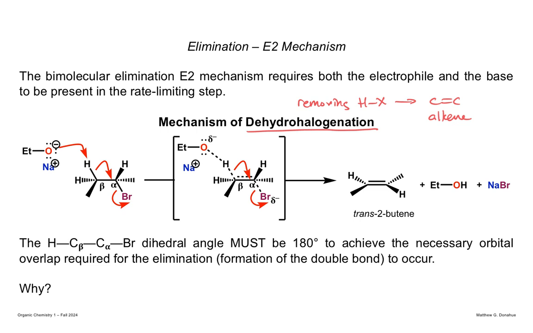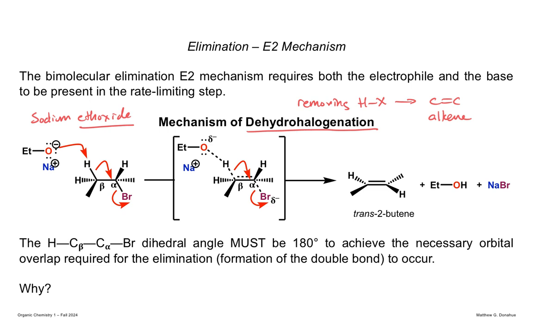And now this is the first slide where we're seeing this base. It's an oxygen base. So O minus, those are called oxides, so ethoxide.